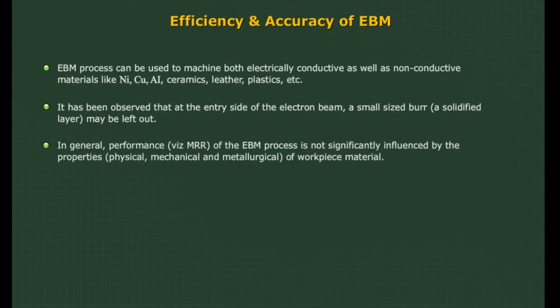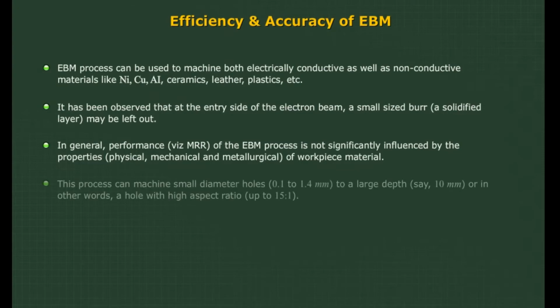In general, performance, namely MRR, of the EBM process is not significantly influenced by the properties, physical, mechanical, and metallurgical, of the workpiece material. This process can machine small diameter holes 0.1 to 1.4 mm to a large depth, say 10 mm, or in other words, a hole with high aspect ratio, up to 15:1.